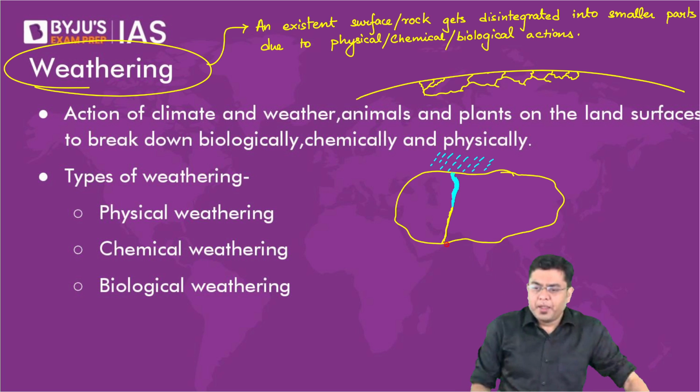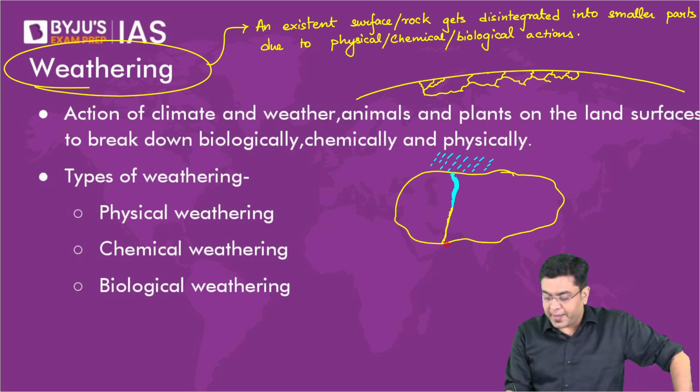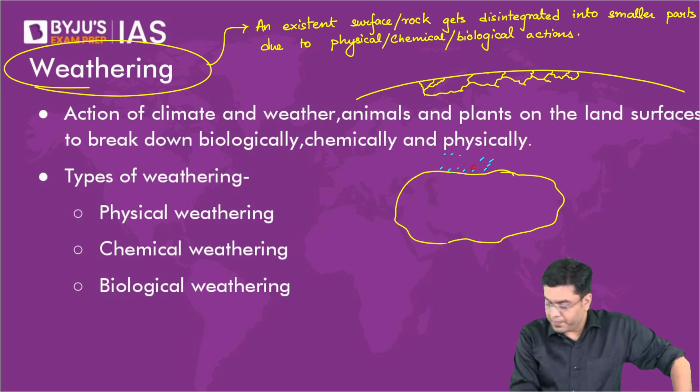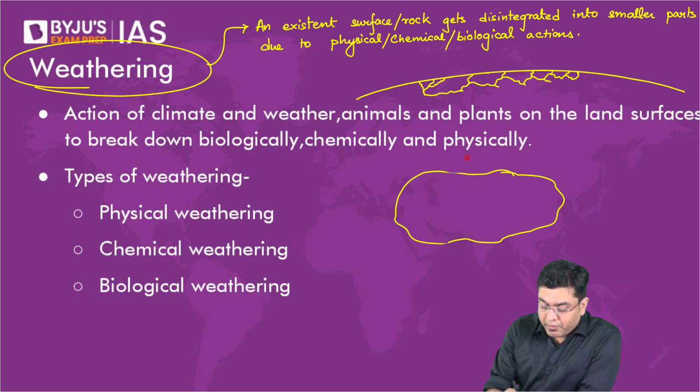Now here, when we talk about, let's suppose, chemical weathering, let's understand what we mean by chemical weathering. Again, when we talk about chemical weathering, this is initiated when you have the materials which are in water. Only in that case will the chemical weathering be initiated.